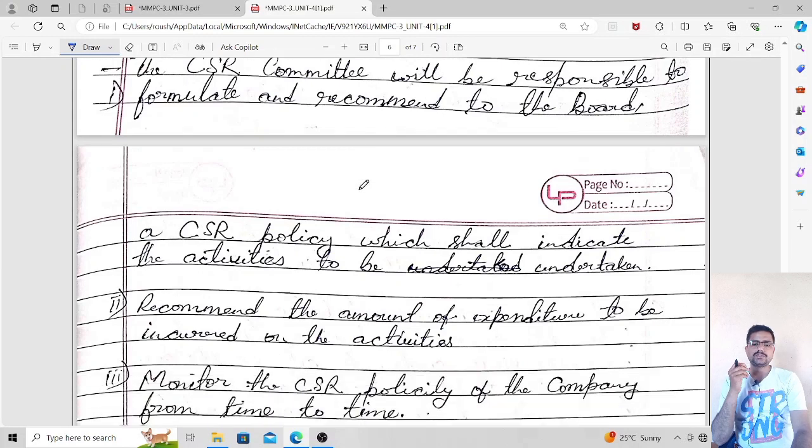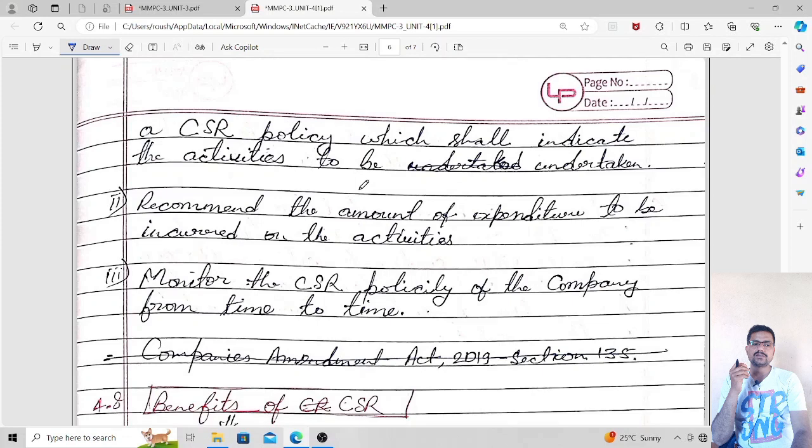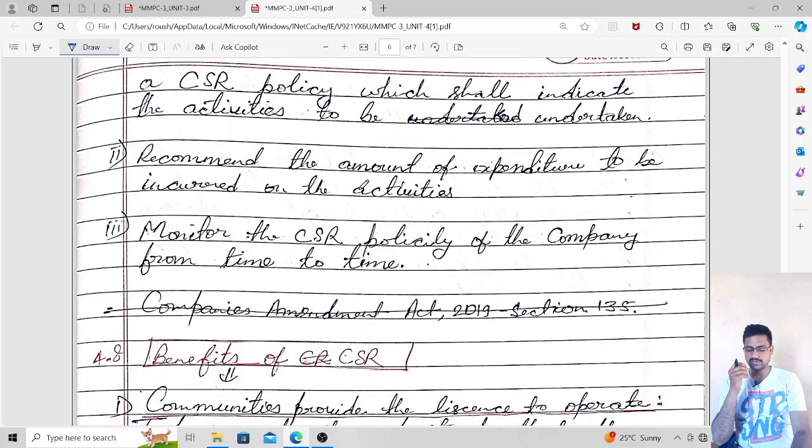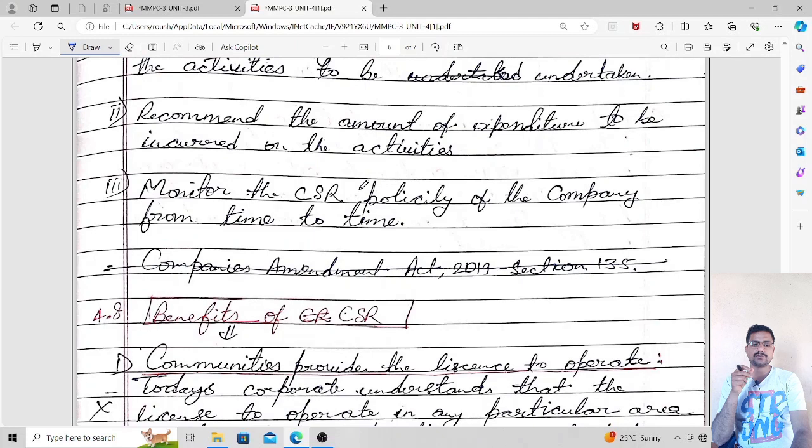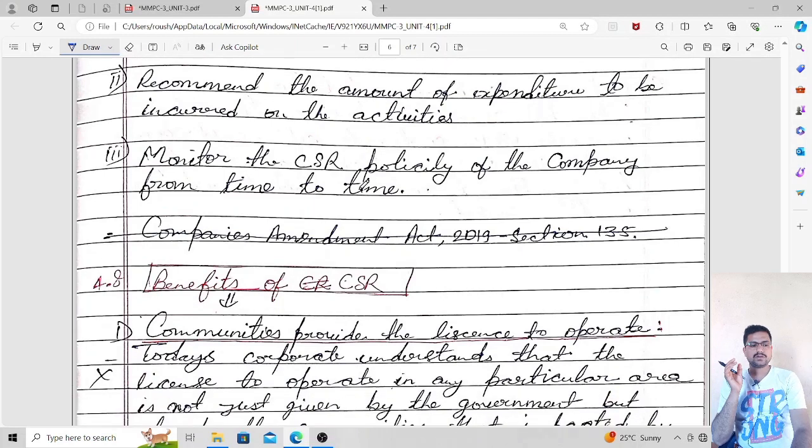It also recommends the amount of expenditure to be incurred on the activities, that is, how much amount to be used for different CSR activities. It also monitors the CSR policy of the company from time to time. So these are the work of the CSR committee.